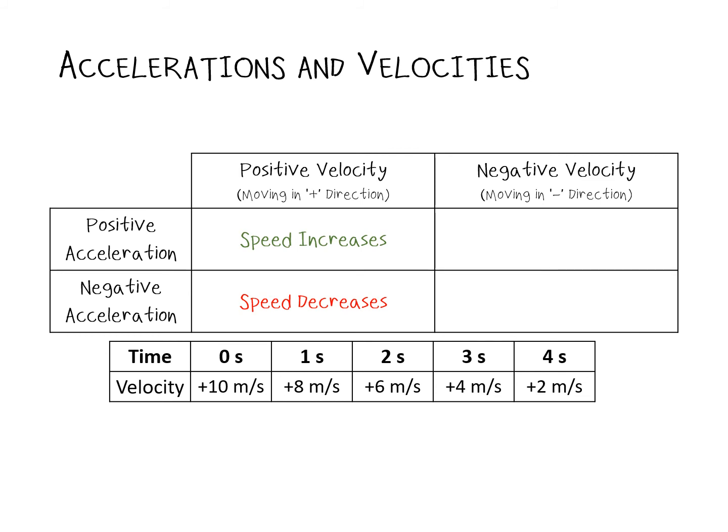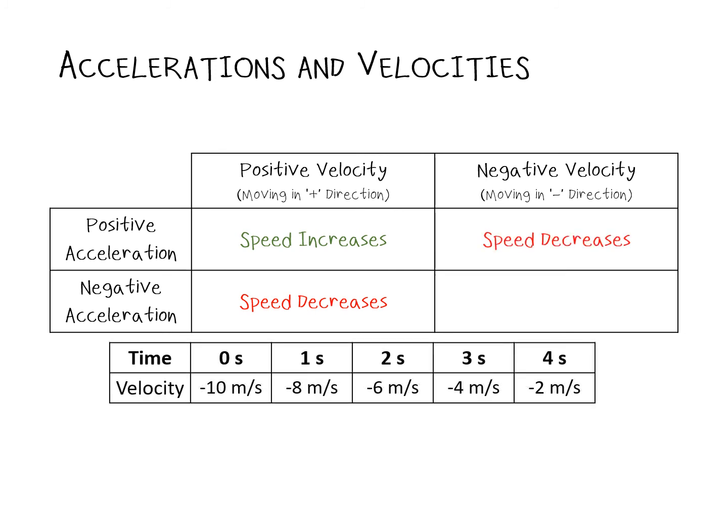We're going from plus 10 to plus 8 to plus 6 to plus 4, and that's definitely an object that's slowing down. Positive velocities generally are pretty easy to interpret in this context. When we get to negative velocities, there's a challenge, because, again, we have this connotation about what negative velocity means, and sometimes that gets in the way of actually understanding what's happening.